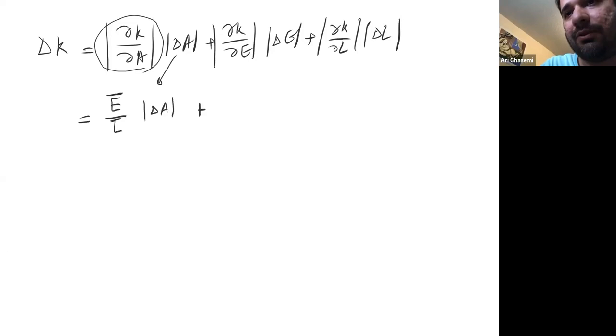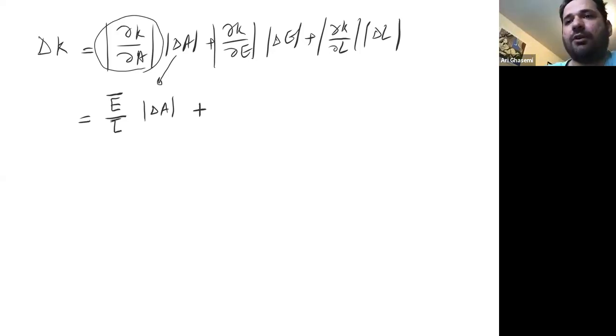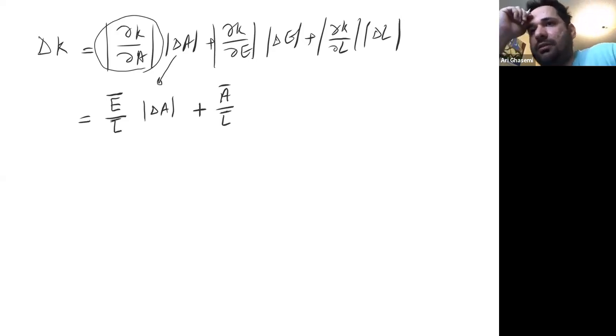Now let's substitute the formula for delta K over E, or partial K partial E. What was that formula? That formula was absolute value of A bar over L bar, right?